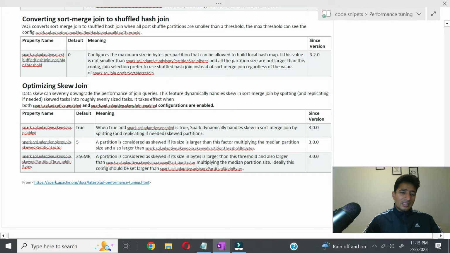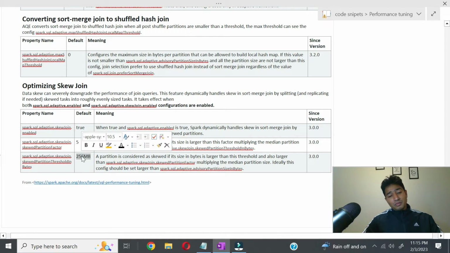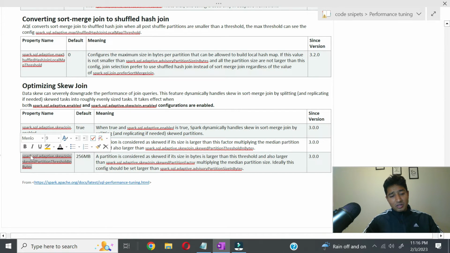Then you can set spark.sql.adaptive.skewJoin.skewedPartitionThresholdInBytes as well. By default, it's 256 MB. By this property, we can say a partition is considered skewed if the data in bytes is larger than the threshold.